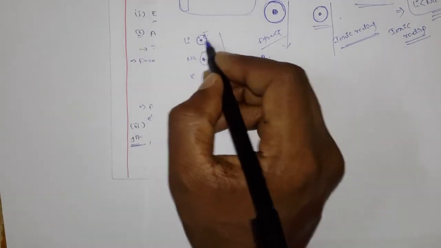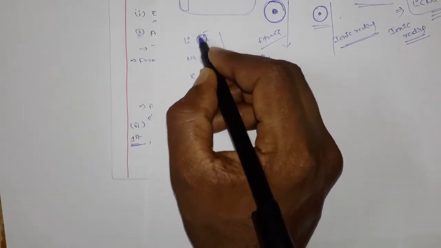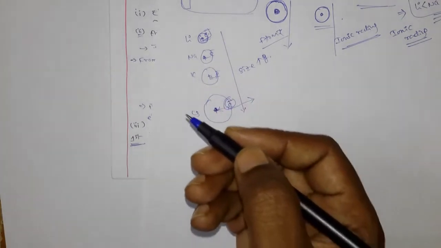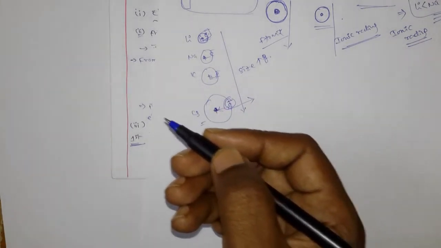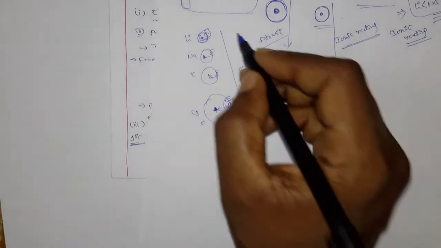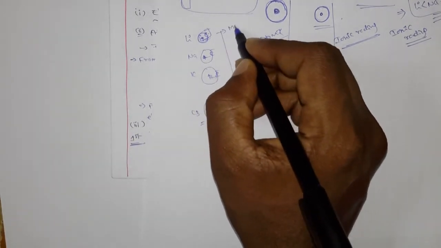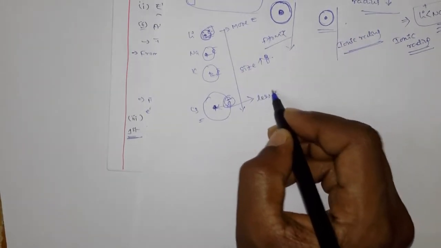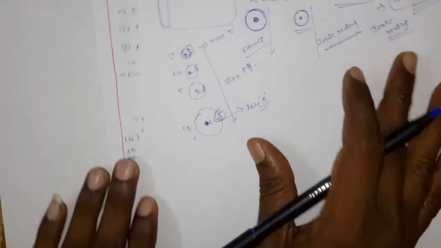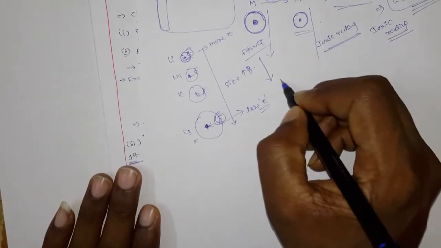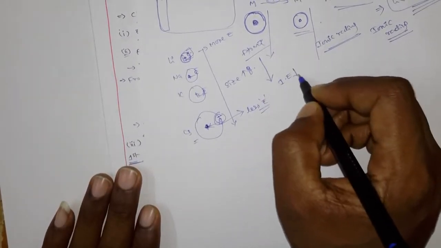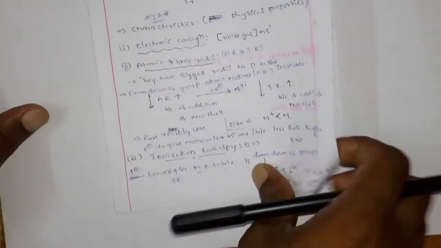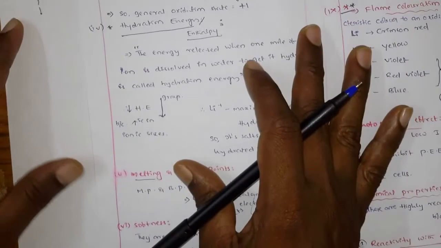But here the positive and negative are very close to each other, so the attractions are very high, and you need to supply more energy to remove that electron. So here you require more energy, and here it requires less energy. You already know this, but again I am telling you, from top to bottom the ionization enthalpy decreases.